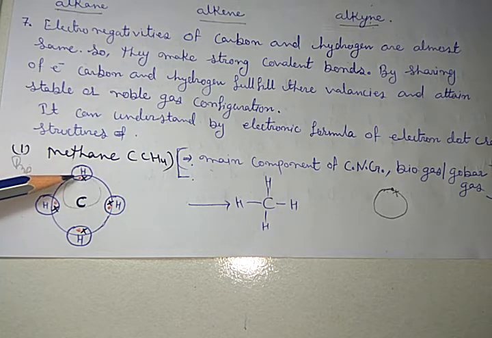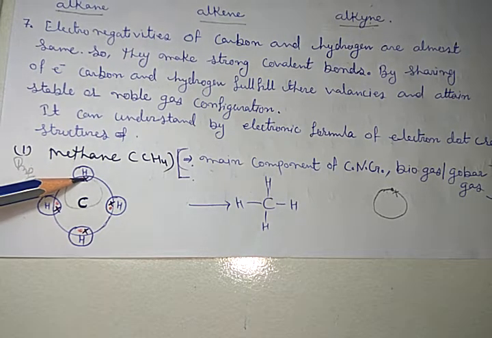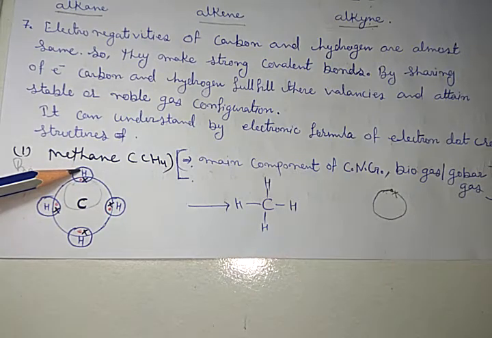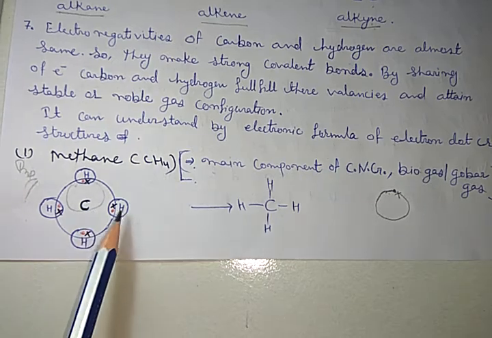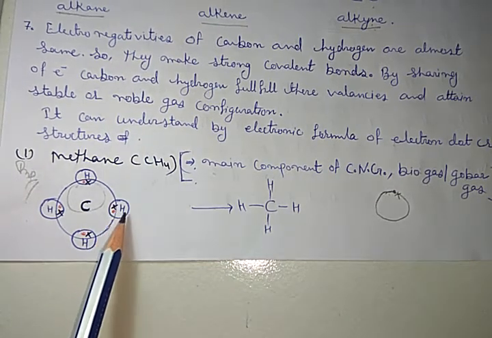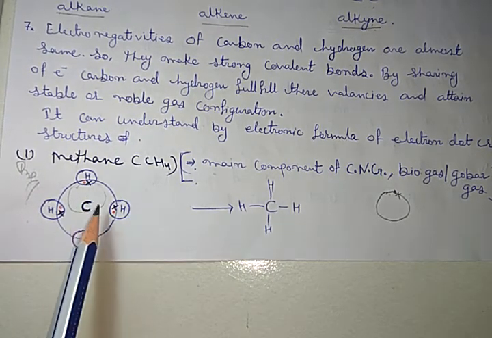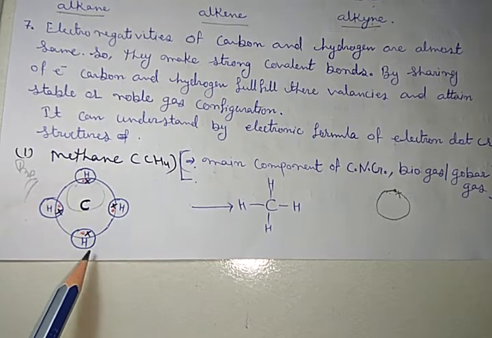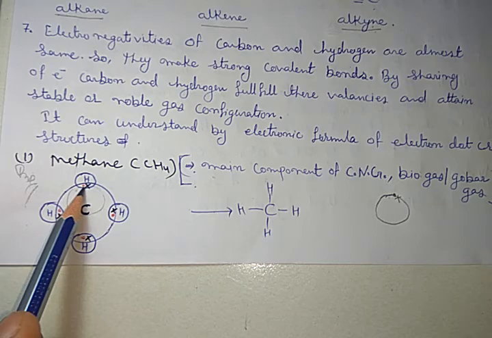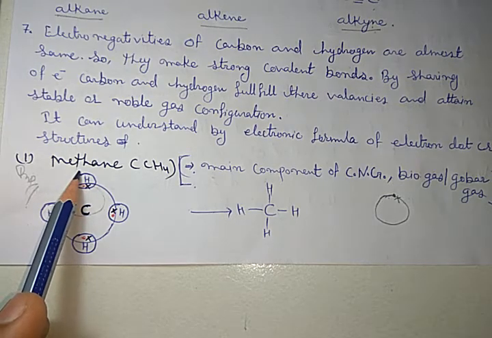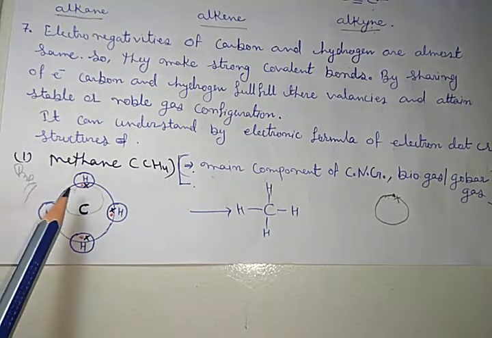So here these shared electrons will count on hydrogen also and carbon. Similarly, these shared electrons will count on hydrogen as well as this carbon. Similarly there. That means these two electrons will count hydrogen as well as carbon.